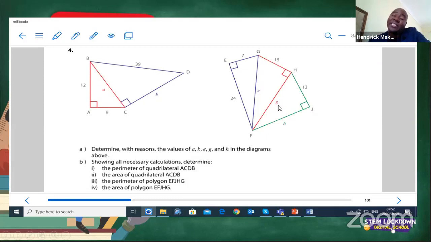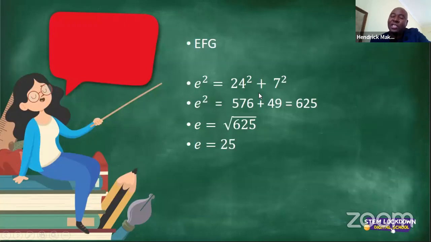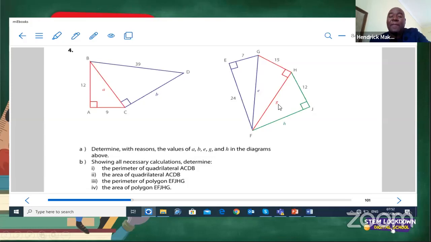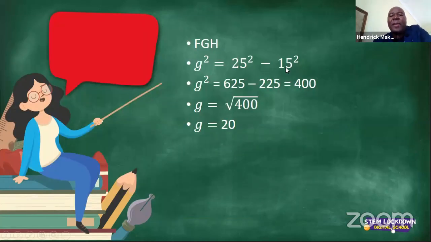If you want to make G the subject of the formula, you have to say G squared is equal to 25 squared minus 15 squared. And of course, 25 times 25 gives you 625, and 15 times 15 is 225.